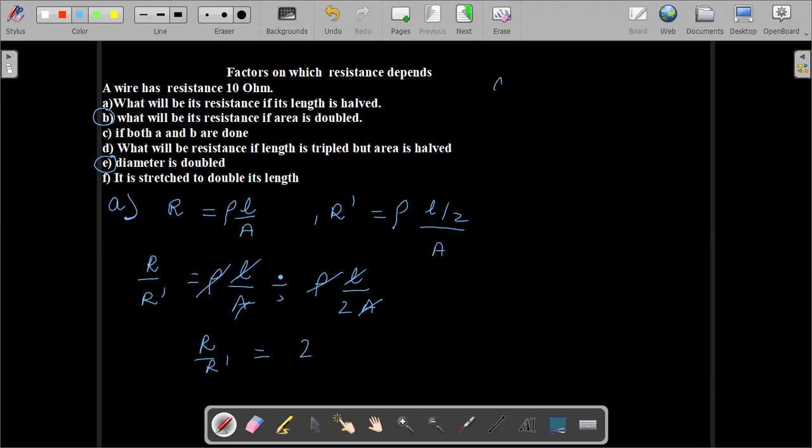If suppose somewhere you have diameter equal to 10 centimeters, then the radius would be 5 centimeters. Suppose I make the new diameter 5 centimeters, half of this. So what will be the new radius? 2.5. So isn't the radius also halved? Yes, sir. So the same thing we have to apply here. If the diameter is doubled, the radius will also get doubled. If the diameter is halved, the radius will also get halved.